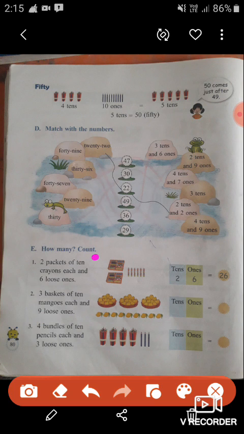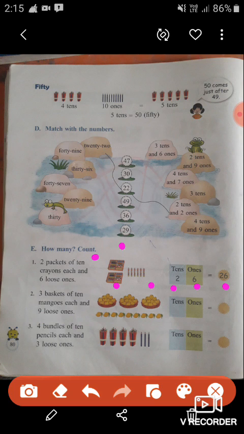There are 2 packets of crayons and in each packet there are 10 crayons and 6 are loose ones. When we take together 20 and 6, we get the number 26 and in 26 there are 2 tens and 6 ones.